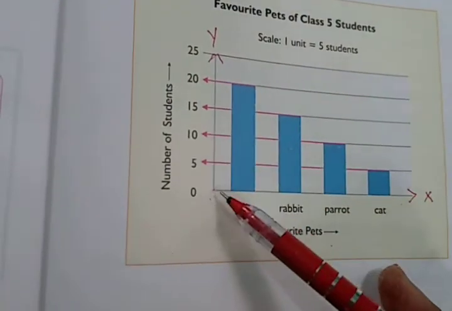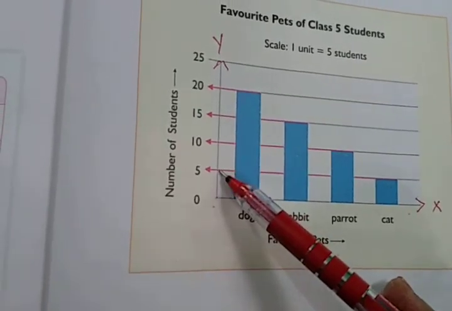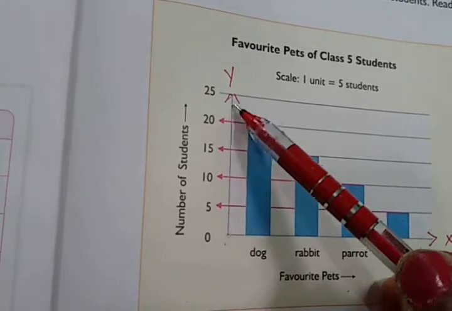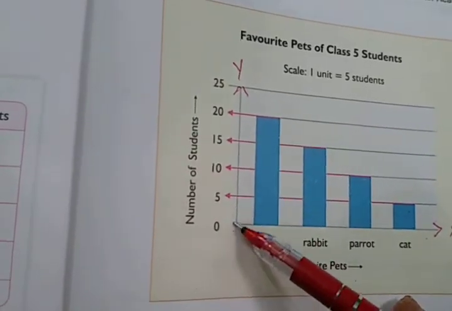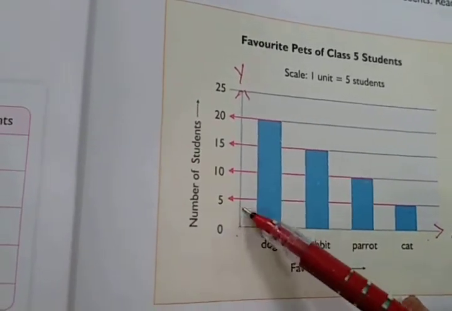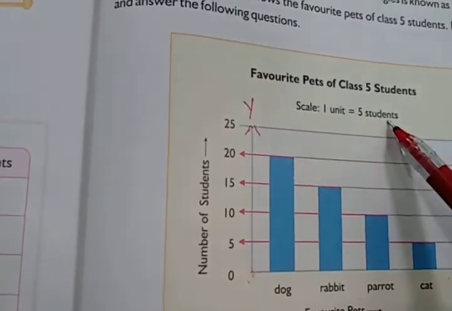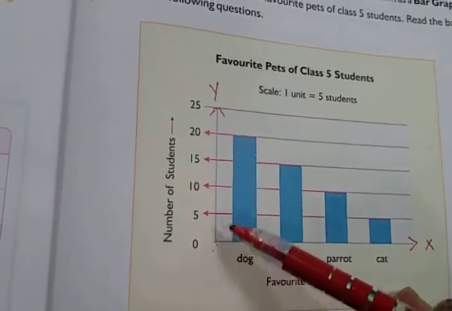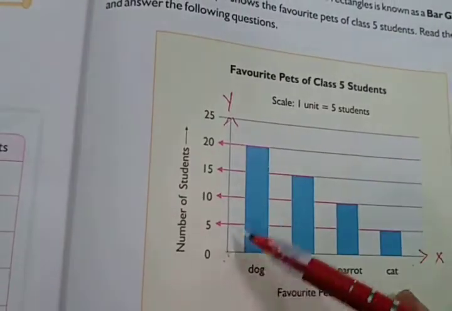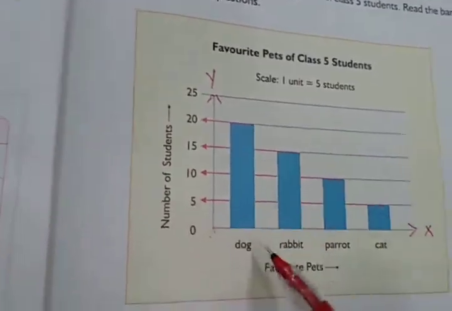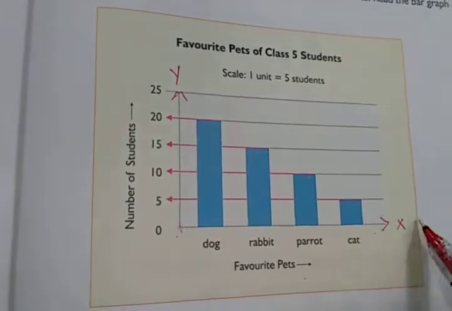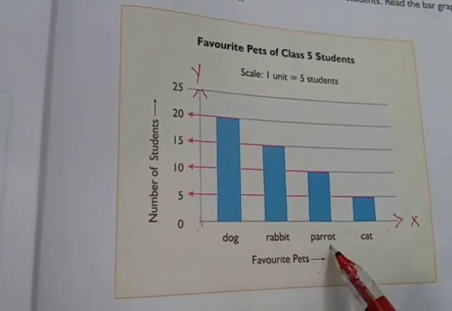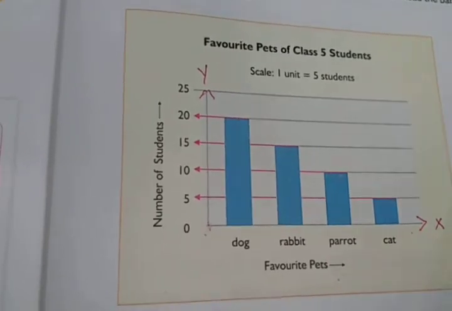The gap from 0 to 5 will be 1 unit. 1 unit is equal to how many students? This is 5 students. On the vertical axis we have taken the number of students, and on the horizontal axis we have taken favorite pets: dog, rabbit, parrot and cat.